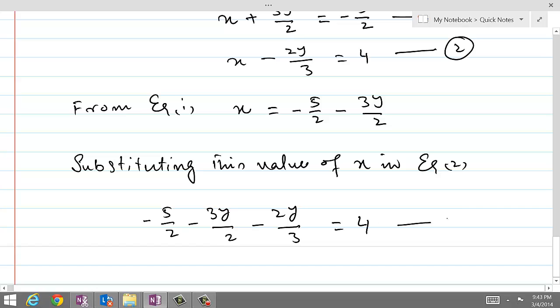So in equation number 2, we have replaced x by its value from equation 1.